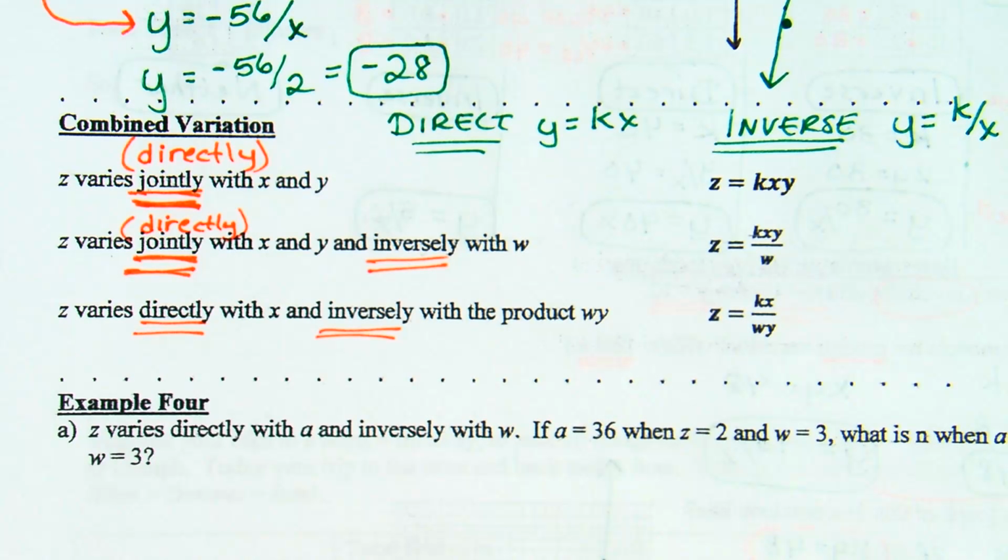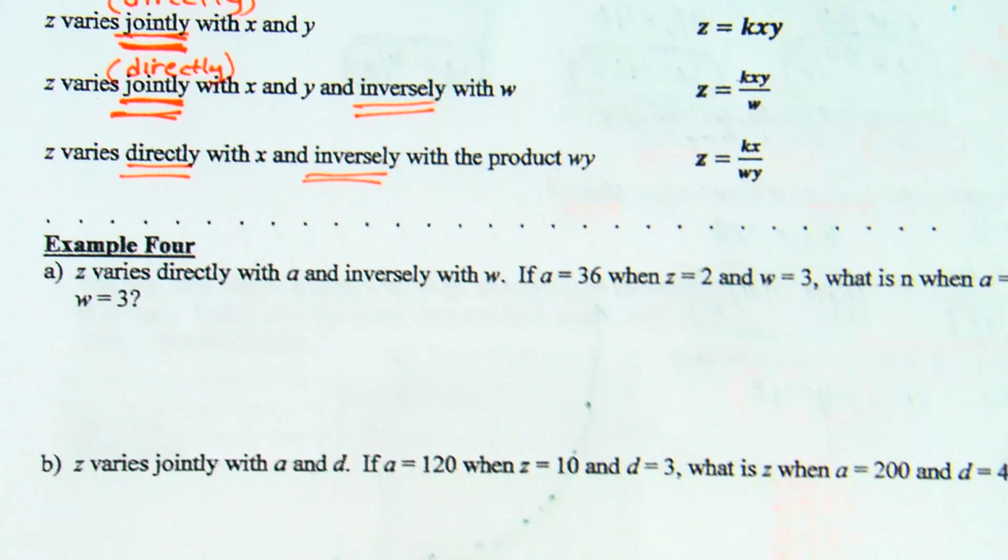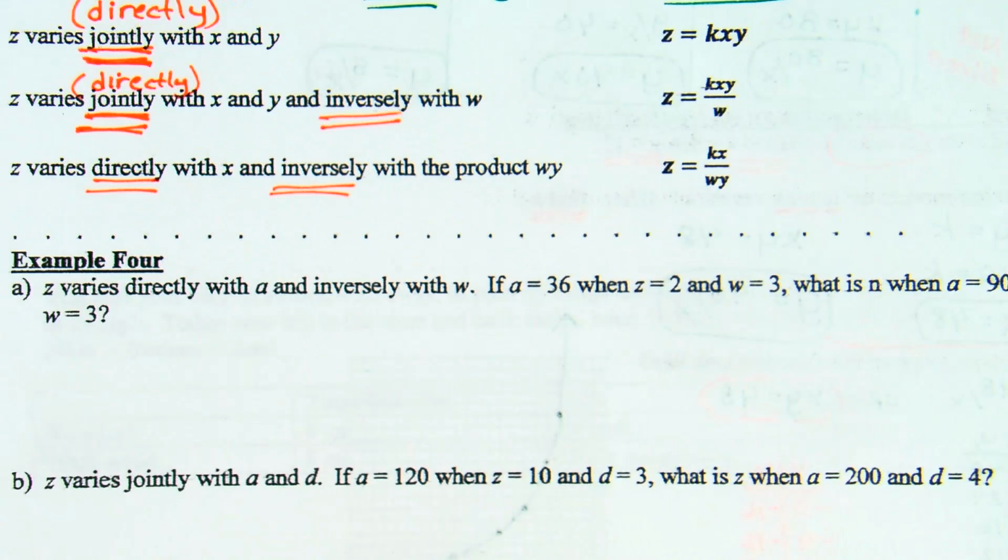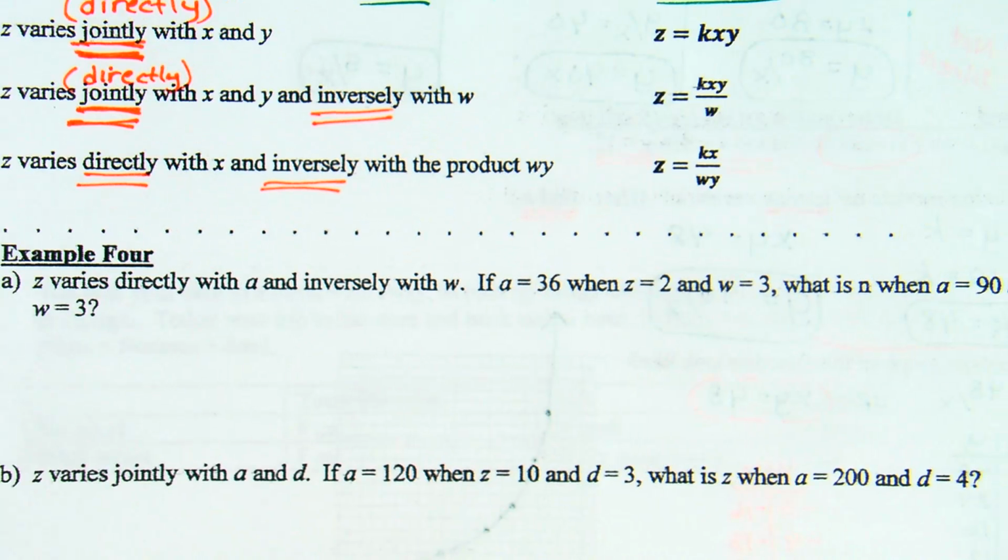Typo. Okay, one piece at a time here. Just read the first sentence, and don't worry about anything past that, because this tells me how to set up my equation. Z varies directly with A and inversely with W.